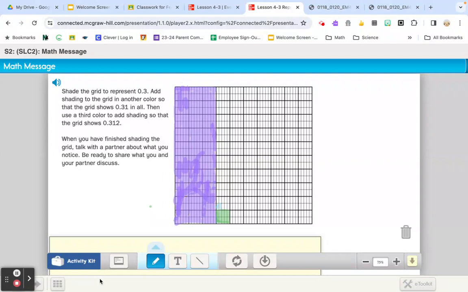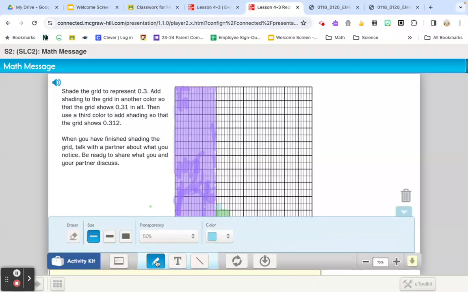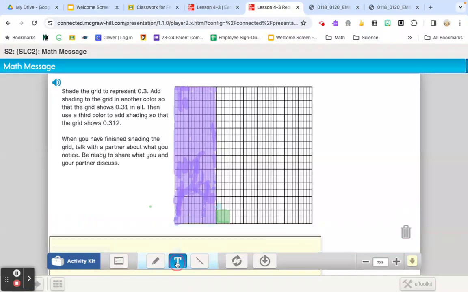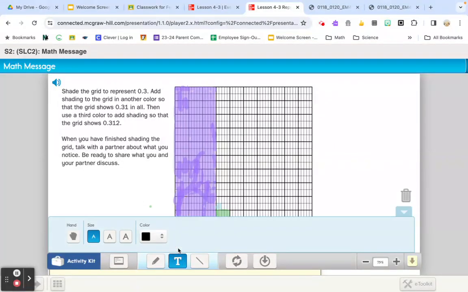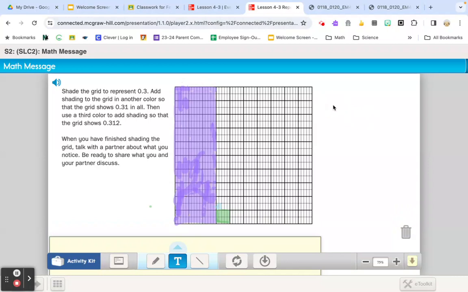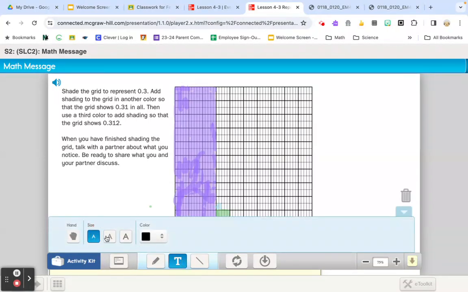So if I were going to write that in expanded form, the picture helps me. I can write that in expanded form. I guess I can't text.